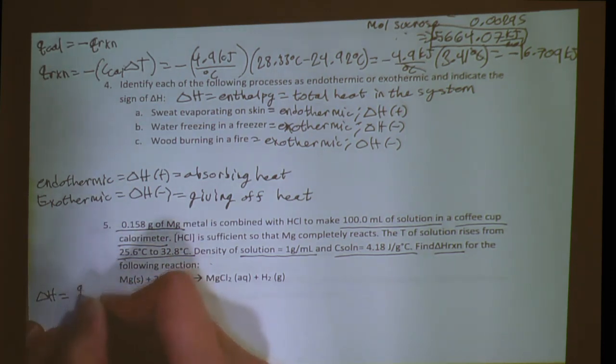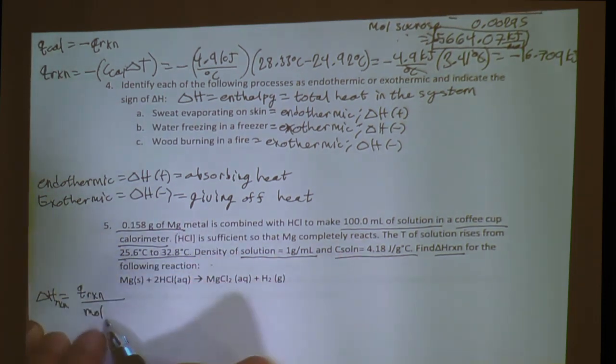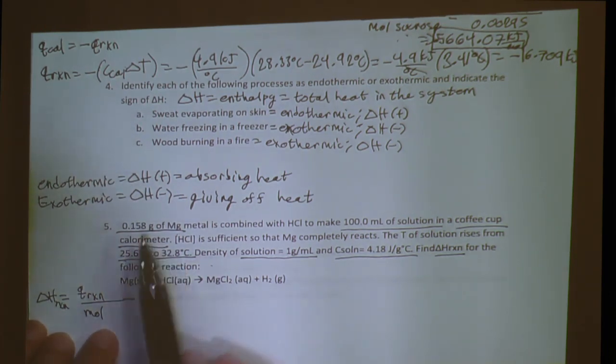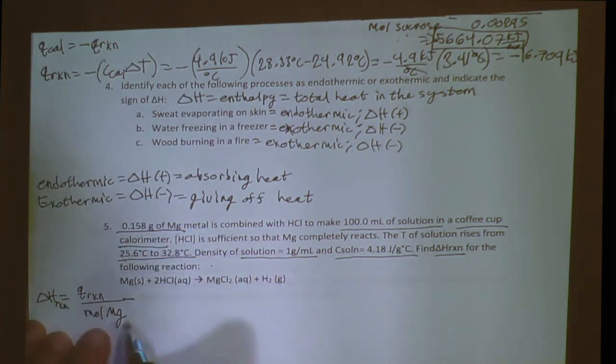Yeah, that's going to be Q reaction over moles of whatever we're looking for, right? In this case, what are we looking for? Moles of what? That's what tends to be tricky. Here, we're going to be looking for moles of magnesium. So we're going to have Q reaction over moles of magnesium.